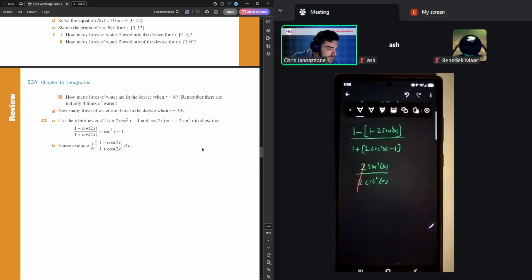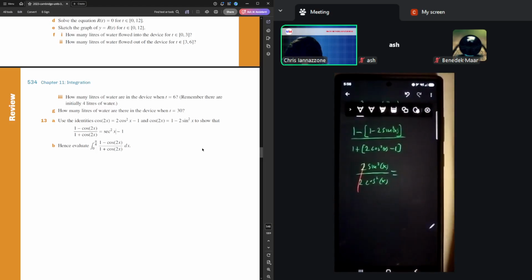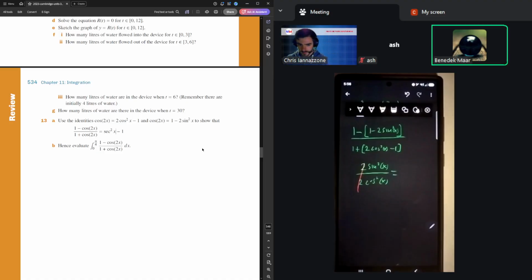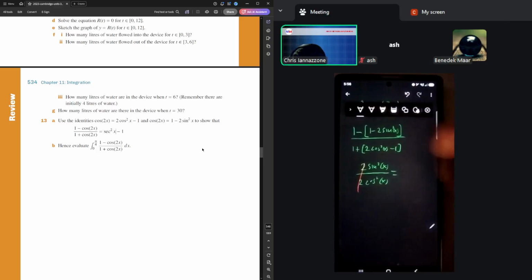Now what's interesting is this one has sec squared minus 1. But we'll get there. Sine squared divided by cos squared. What is that? It's an identity that's not present here right now. Oh yeah, hang on, maybe it is.